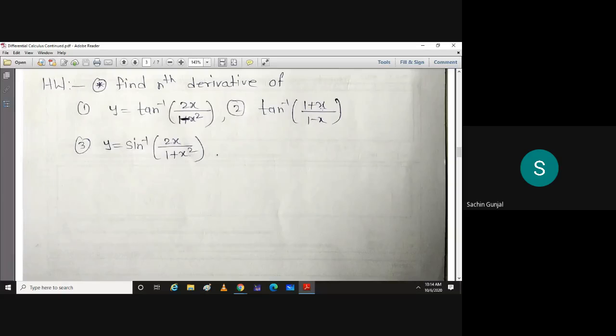So you can use the formula tan A plus tan B upon 1 minus tan A tan B, that is tan of A plus B.